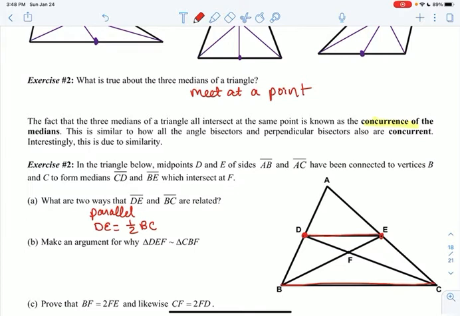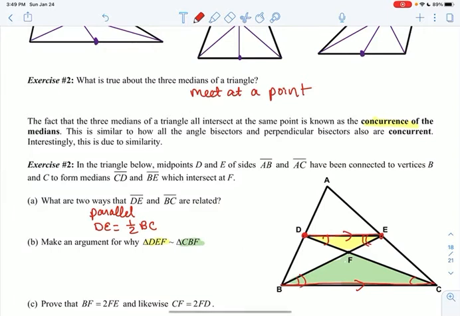Now I want to make an argument for why triangle DEF, which is right here, is similar to triangle CBF. So I got one highlighted in yellow and one highlighted in green, so you know which ones they're talking about. Well, remember, if these lines are parallel to each other, then that makes these angles right here congruent.